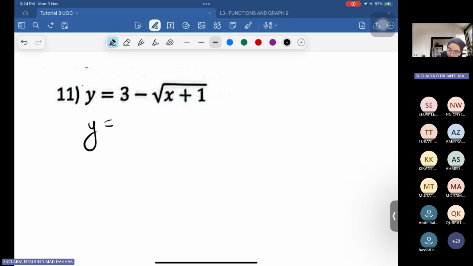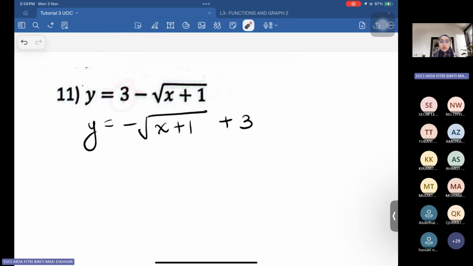So I'm going to rearrange this in this manner: negative of (x plus 1) plus 3 at the back. This one is easier. Because if you put 3 in the front, some students will confuse this with stretching y by 3, which is wrong, right? This is not multiplying the entire thing by 3. No, you are actually adding 3 to the original graph. So I prefer to write them at the back.